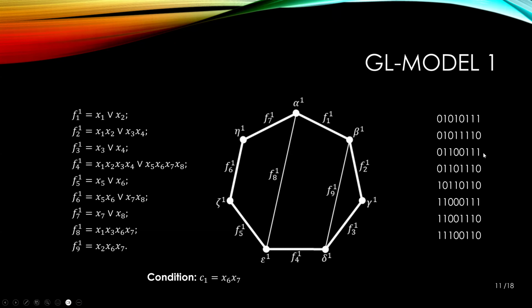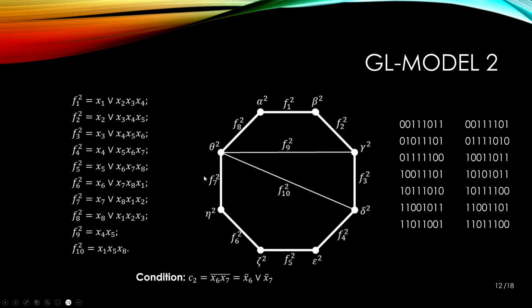And here is presented a condition expression. We can see that it corresponds to all these 8 vectors, because each of them contains a value equal to 1 in both the 6th and 7th positions. So we can use this condition.